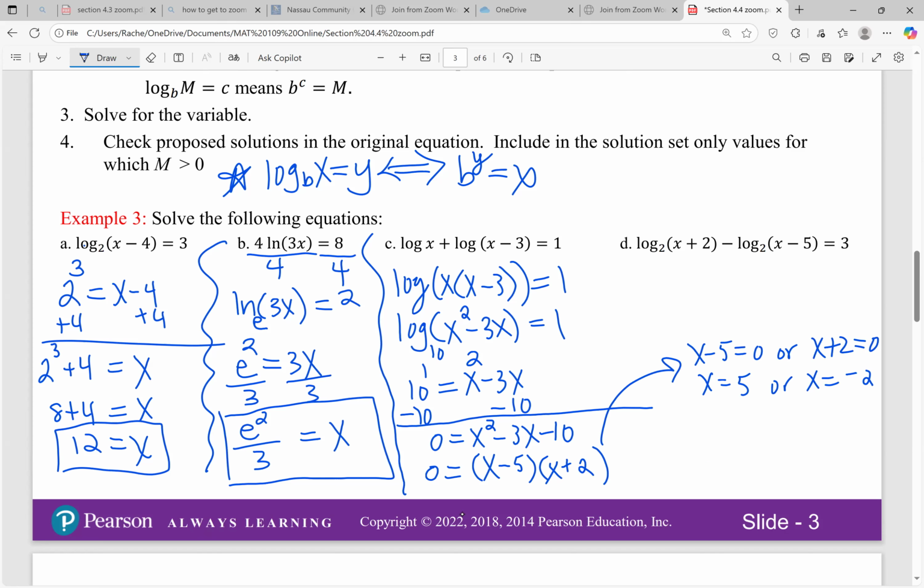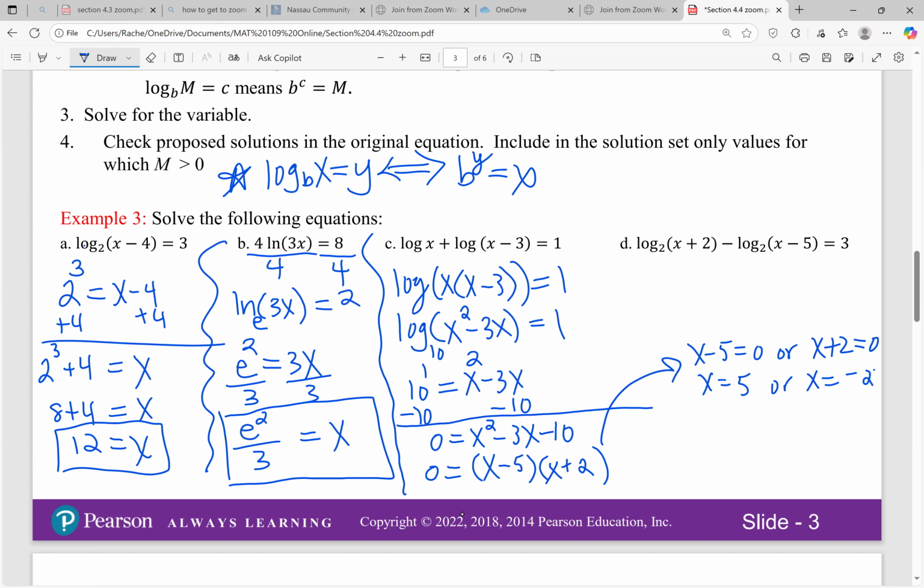Now, we have to think about our domain. And we did this in the previous section when we looked at the graph of log x. The domain was all values of x such that x is greater than 0. So x has to be greater than 0 when we're talking log x. So I'm thinking this x equals -2 is not going to be good, right? Let's check x equals 5.